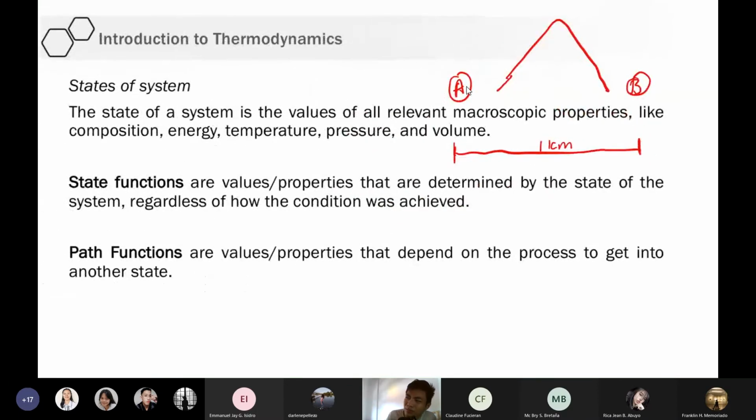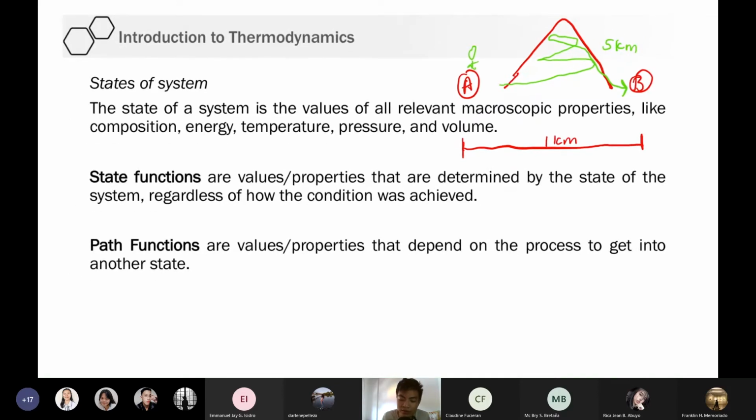So ito, the distance from point A to point B is 1 kilometer. Tapos, yung tao, ginawa niya, nag-ikot-ikot siya sa bundok, then bumaba siya. So let's say ang travel niya ay 5 kilometer. So, sa example na to, ano yung state function at ano yung path function?